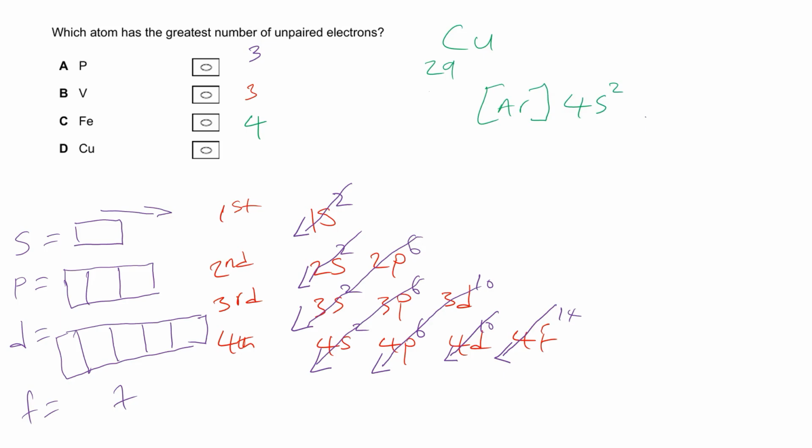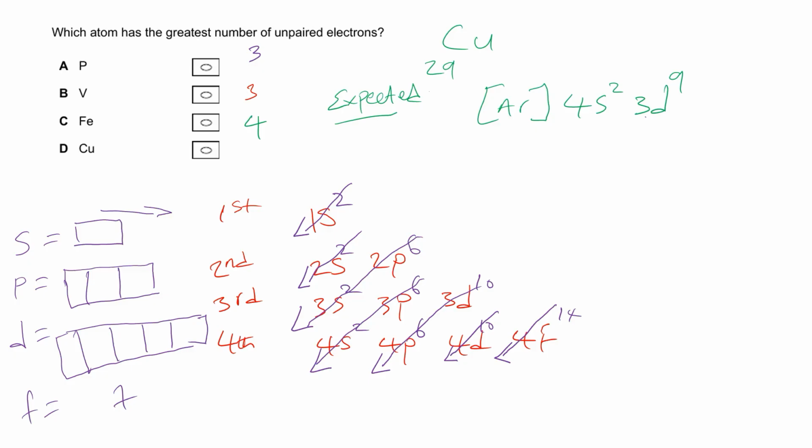Then 3d9. Now this is the expected configuration of copper. However, there is an exception. Okay, there is an exception to the rules in writing the configuration of some elements, and that involves copper.